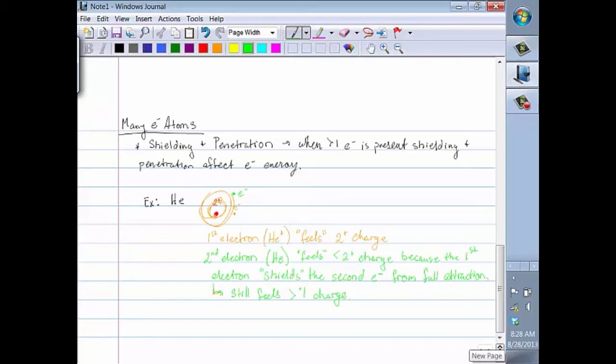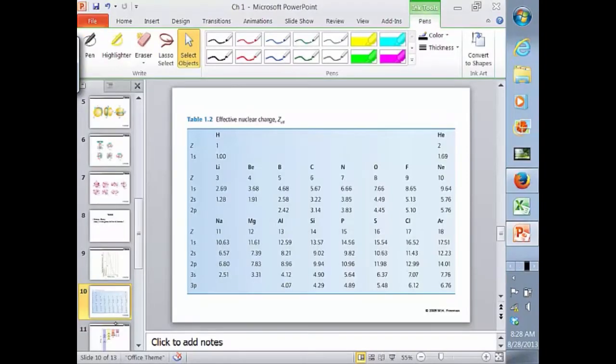Now I'm going to show you a picture. This is a table from your textbook. Here you have the atomic number, Z, across the board. And this is the effective nuclear charge that the electron feels in the outermost orbital, or the valence orbital, of that atom.